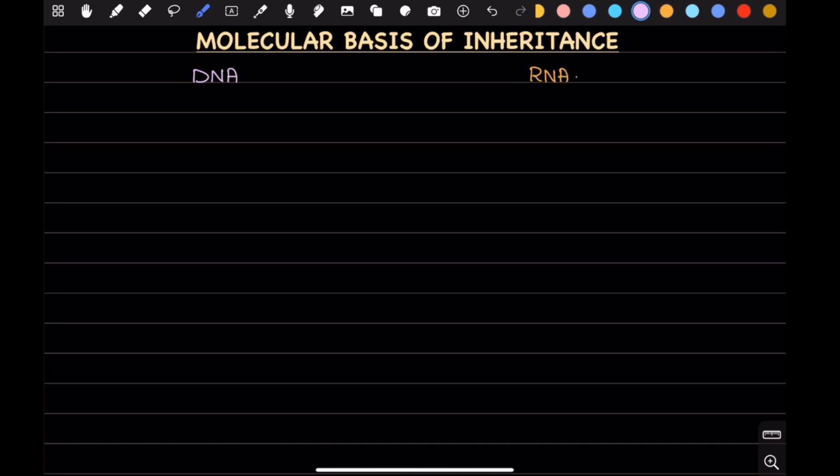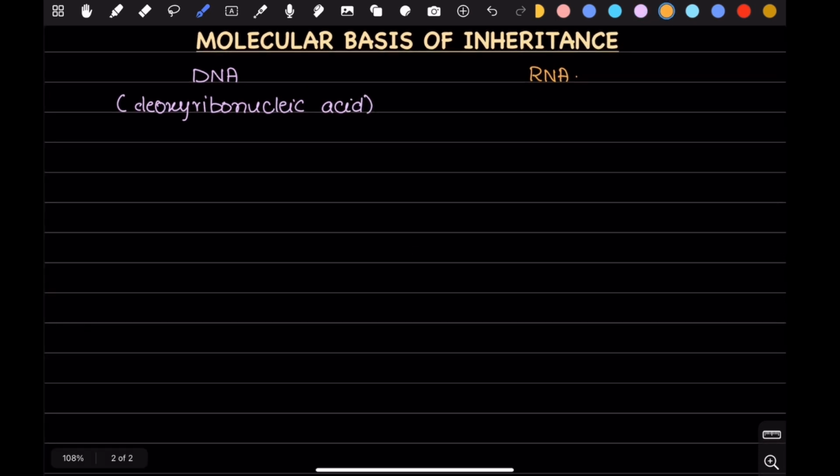What is the full form of DNA? Deoxyribonucleic acid. What is the full form of RNA then? It is ribonucleic acid.